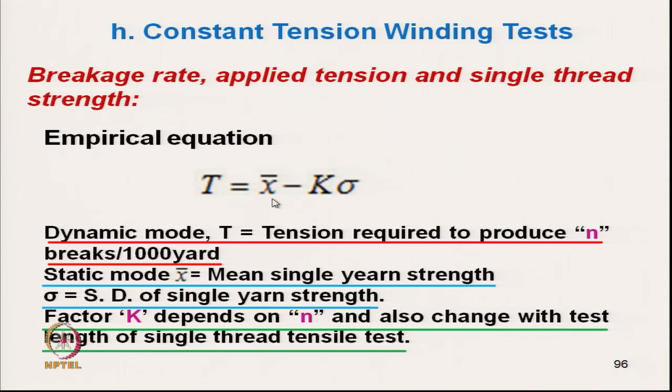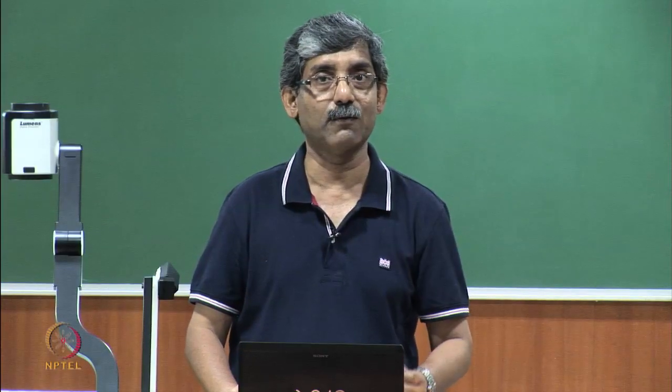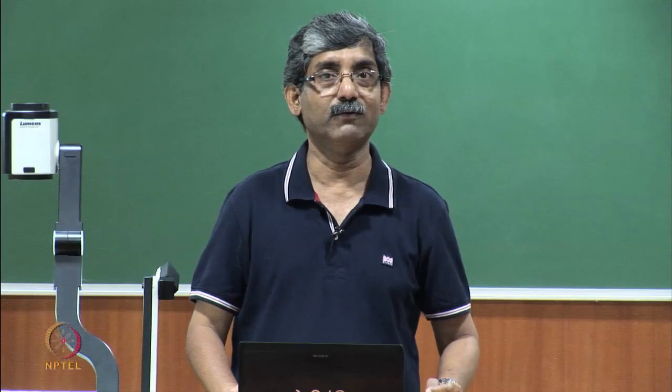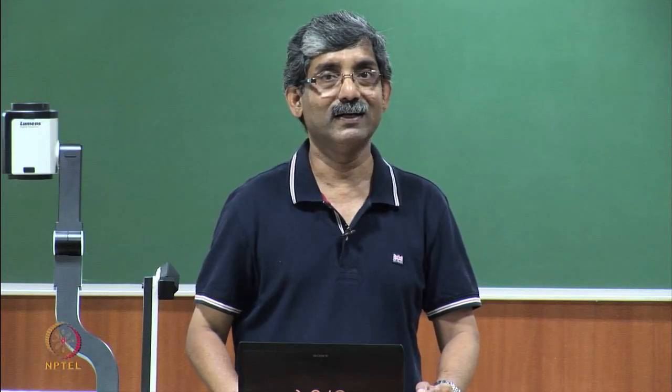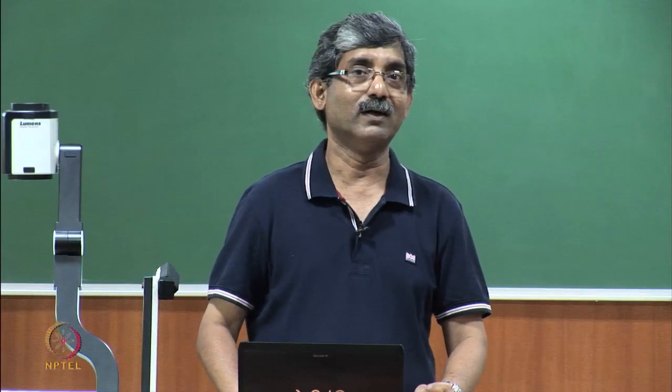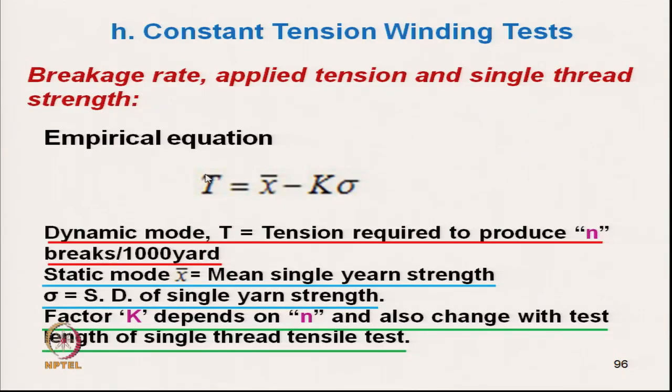That means, if we know the breaking strength for a particular gauge length, which will give us an idea about the K value, and if we know the variability of the yarn strength, then we can come to know the tension required for a certain number of breaks.